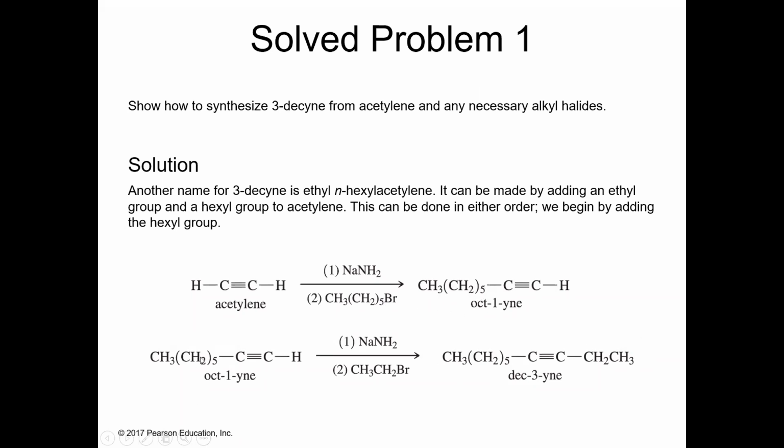We can deprotonate it again, and this time using bromoethane, we add 2 carbons to the other side. So this becomes dec-3-yne. Again, we can add 2 different groups if we wanted to, starting with acetylene.